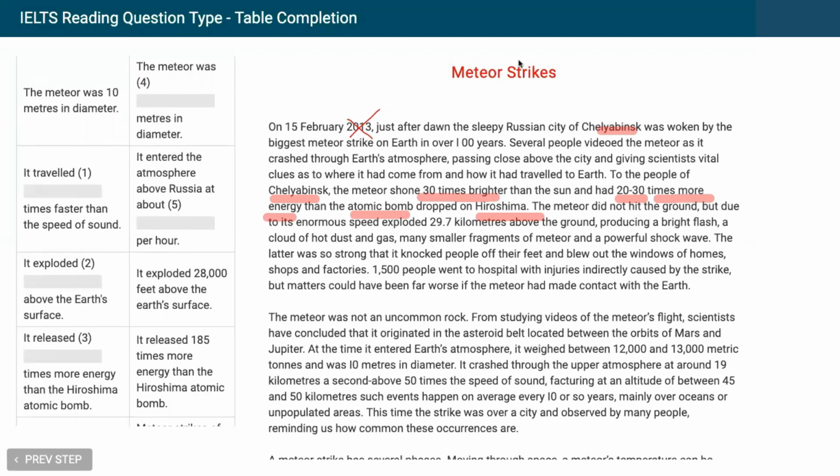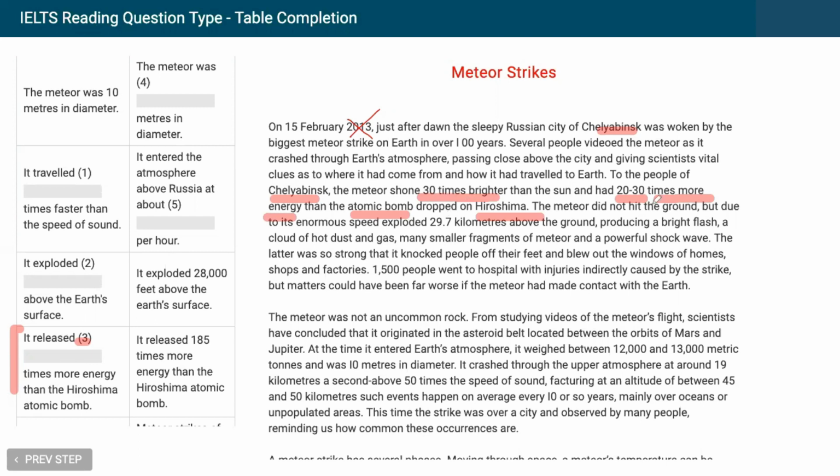And immediately I see Hiroshima and the bomb right here for number 3. So it says it released blank times more energy than the Hiroshima atomic bomb. And we are talking about Chelyabinsk on this left-hand side.